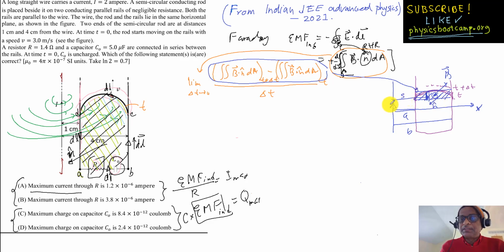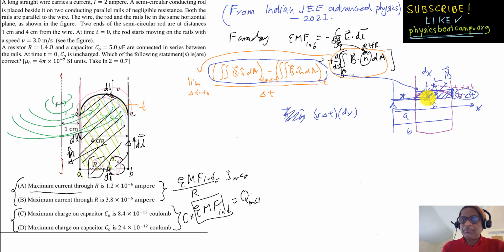If I look at some x, and then this little thing is dx, then through this area you'll have B dot n hat at x, and the height will be v times delta t, because it's moving with speed v. So the distance traveled is v times delta t, times dx. That's the dA.